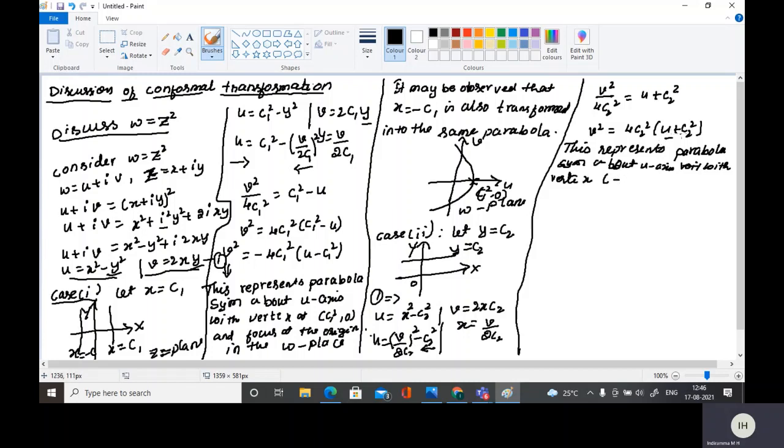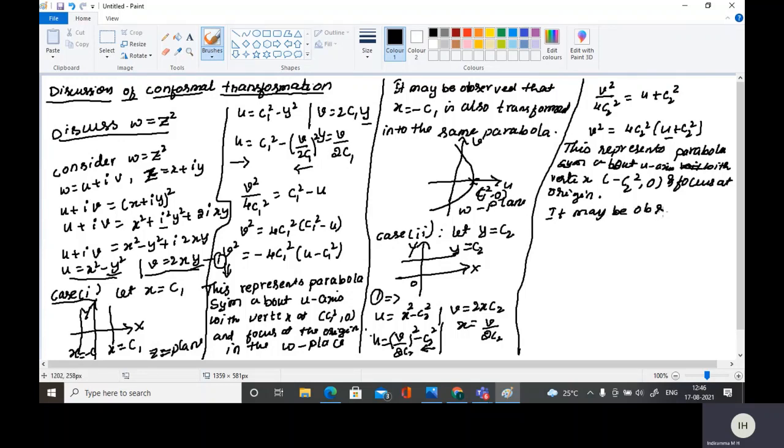It is x minus h that should be there, so minus c2 square comma 0 will be the vertex, and focus at origin.